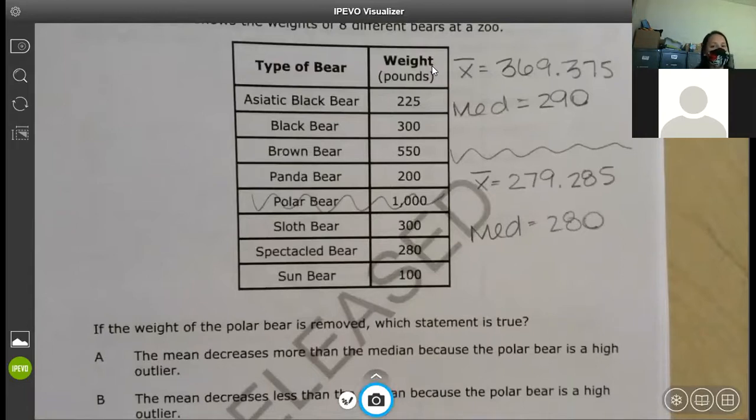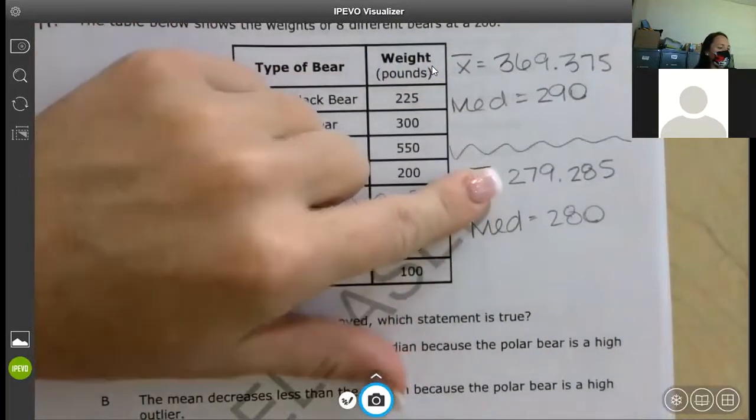Okay, now listen to what it says. The mean decreases more than the median because the polar bear is a high outlier. Did the mean decrease more than the median? So how much did the mean decrease by? How can we figure that out?